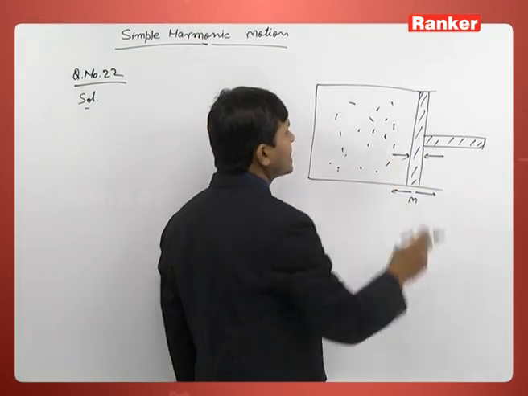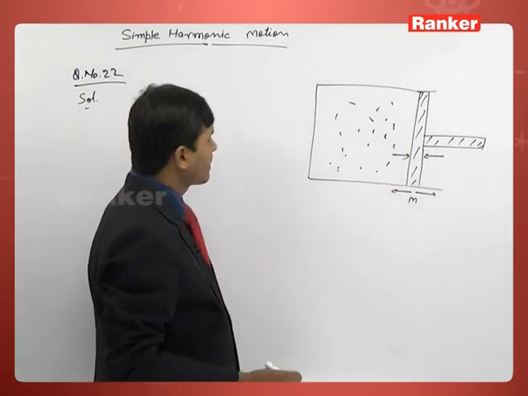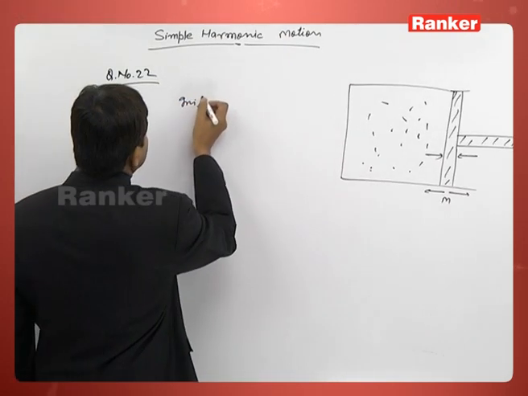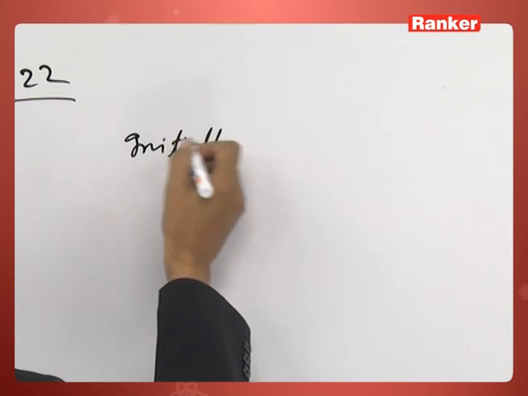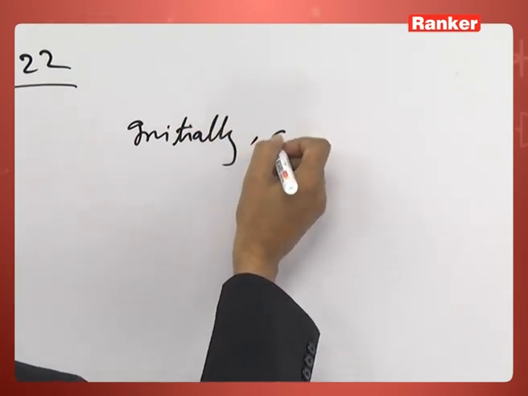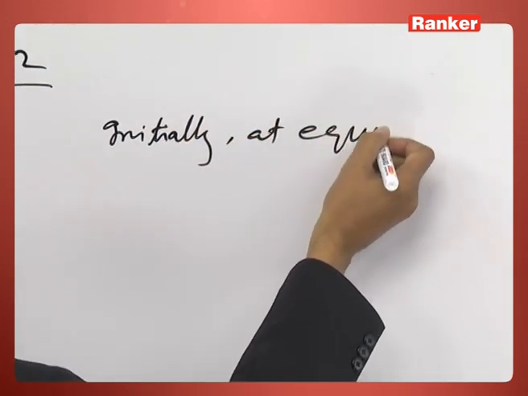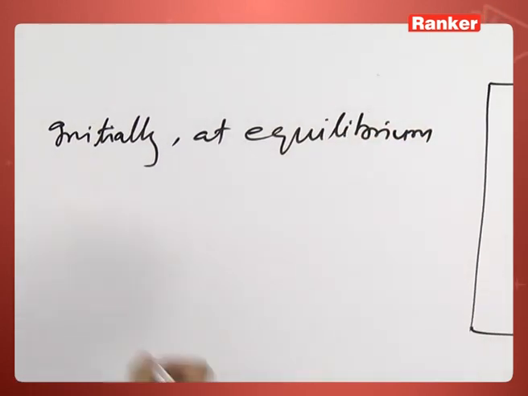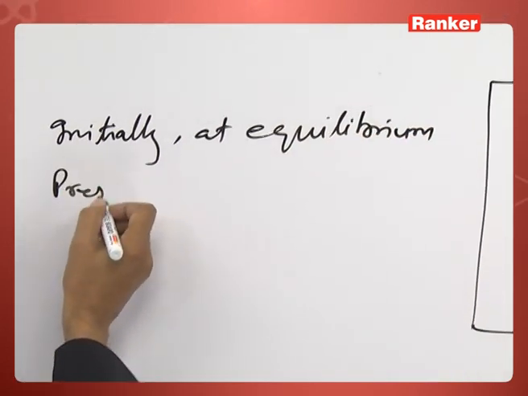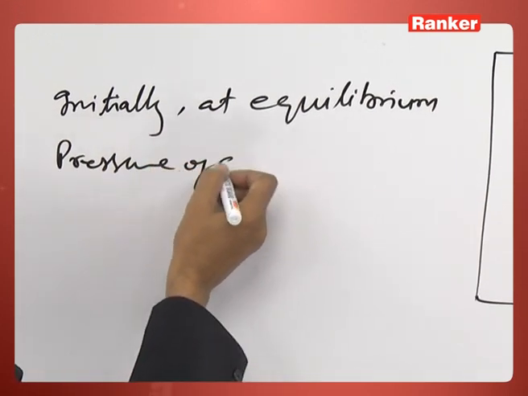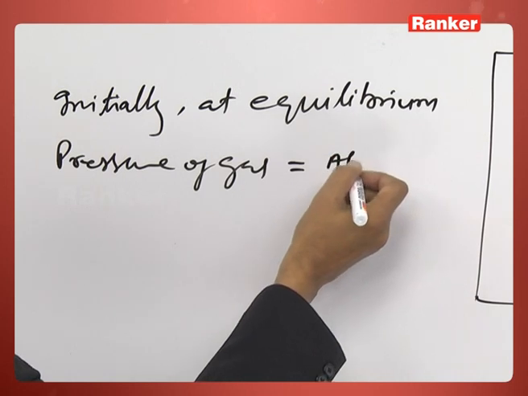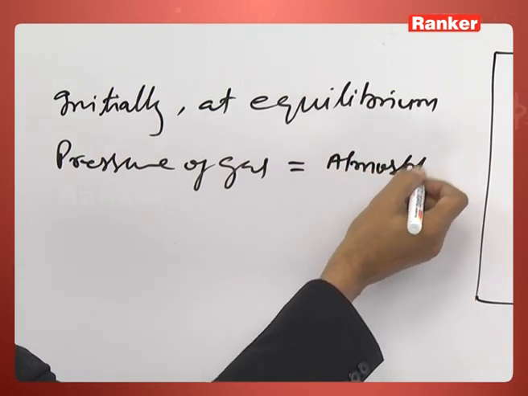So this is the equilibrium condition. So initially, or at equilibrium, the pressure of the gas is equal to atmospheric pressure.